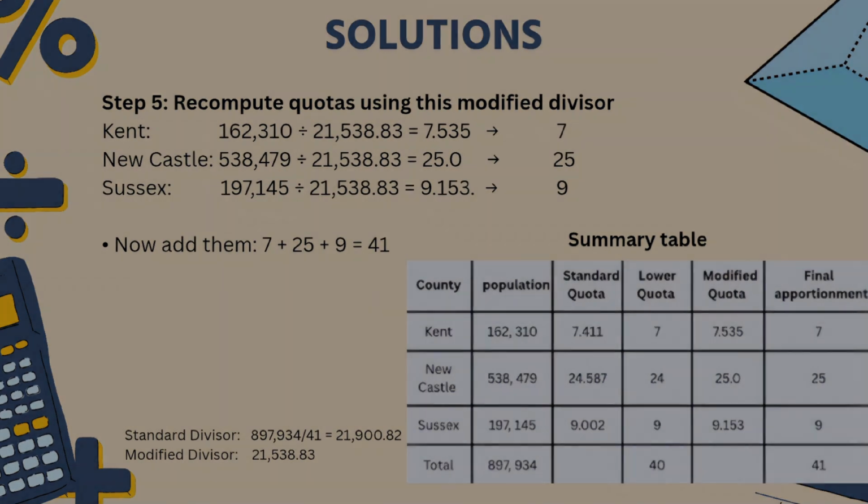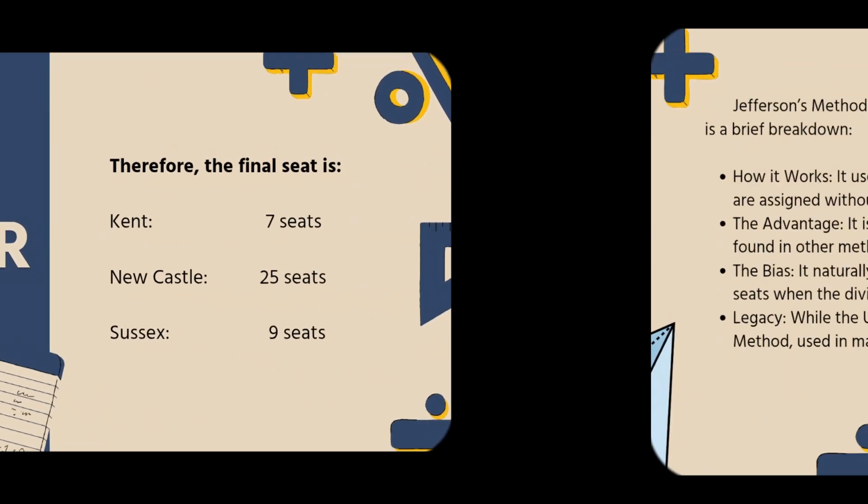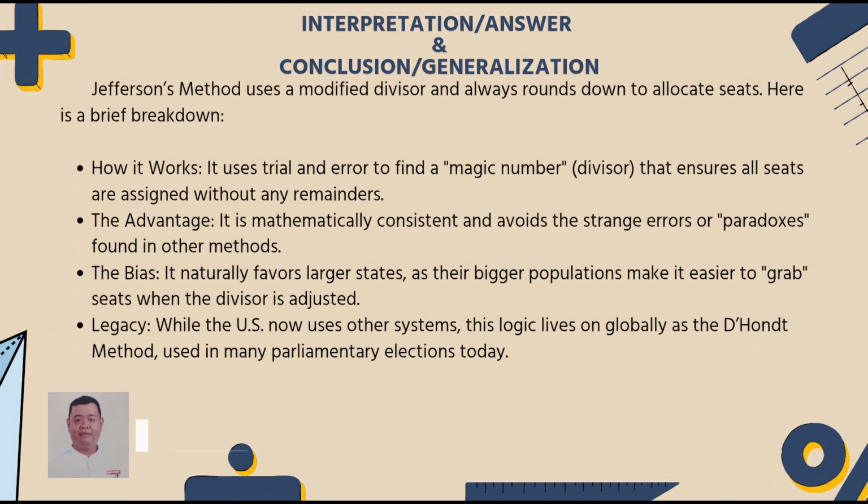And now let's move on to the answer. Therefore, the final seats are: Kent has 7 seats, Newcastle has 25 seats, and Sussex has 9 seats. And that would be all for the solutions. Let's proceed to Jefferson's method conclusion.